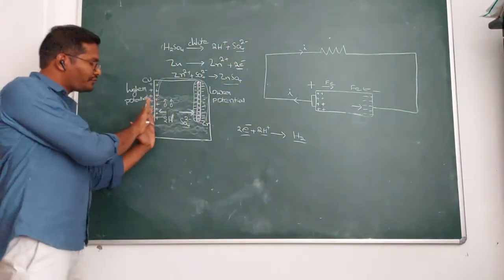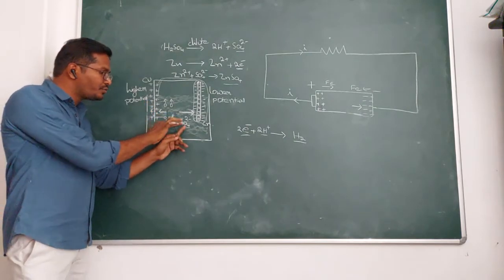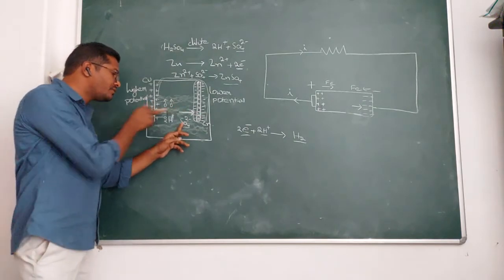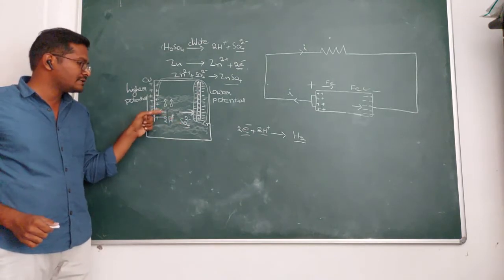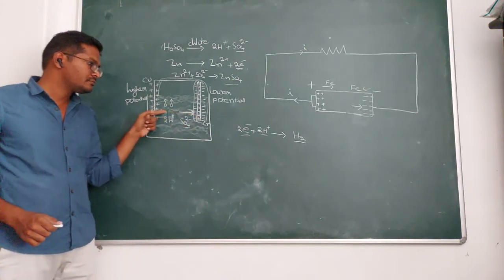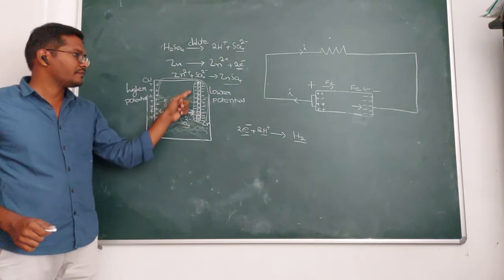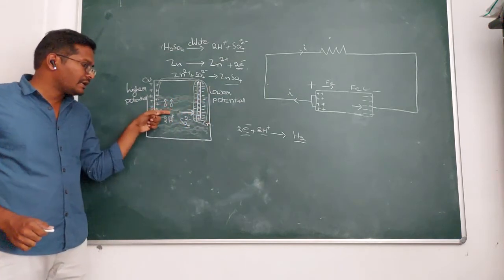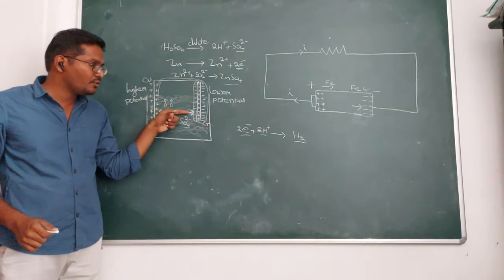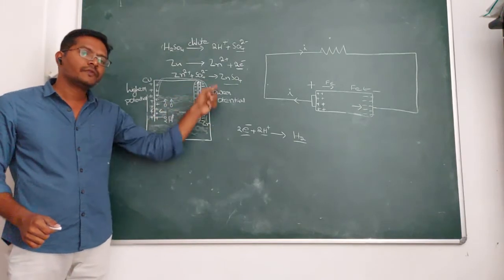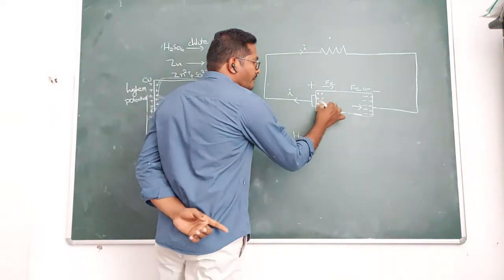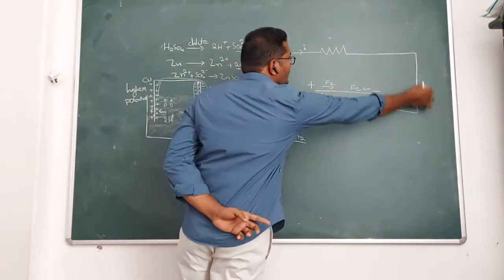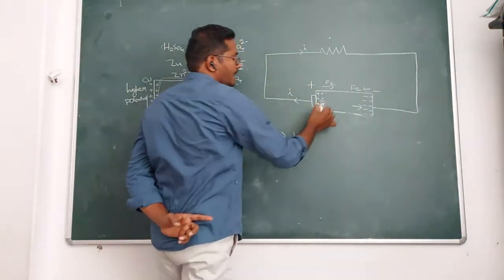That chemical force is trying to push negative from positive to negative. Here SO4 2 minus is moving towards the negative terminal, that is lower potential. If an electron is moving from here to here, you will get a negative.